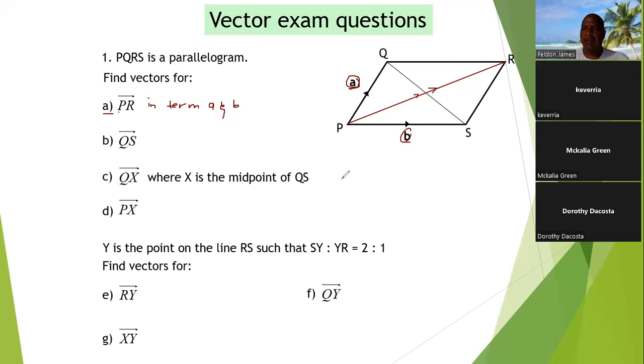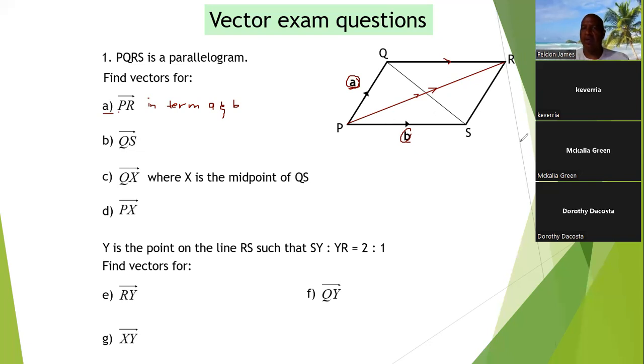So we could take this route. We could go from P to Q, and then from Q to R. That would get us to the same endpoint, right?